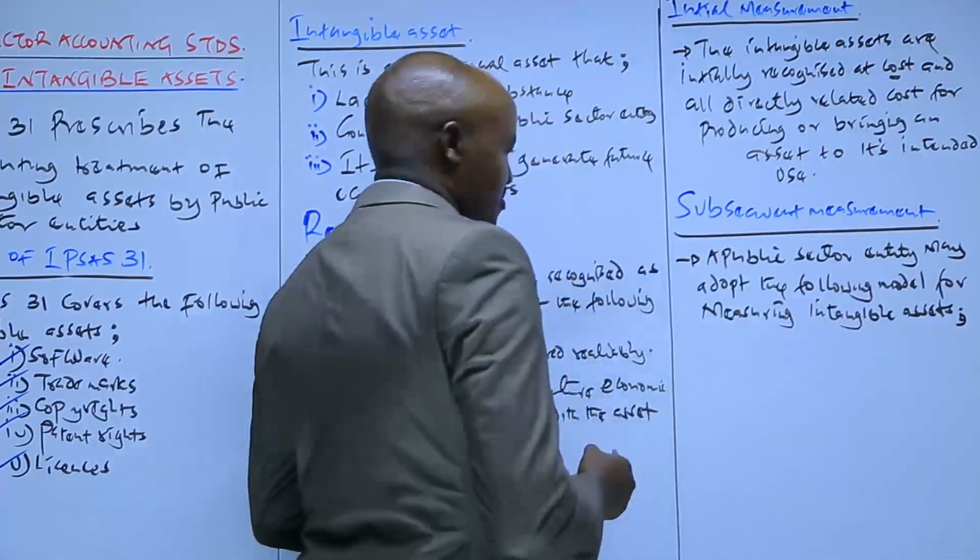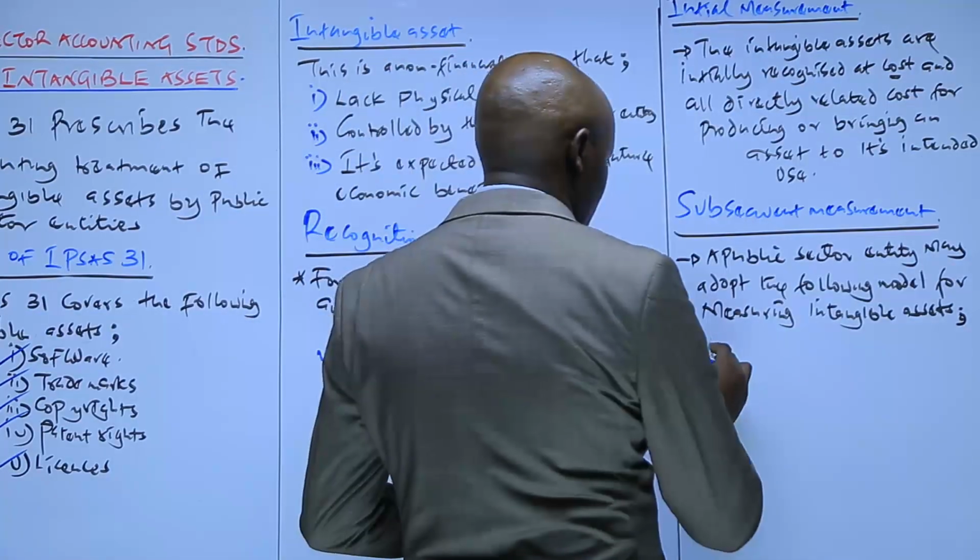So which are those models? Number one, we have the cost model.